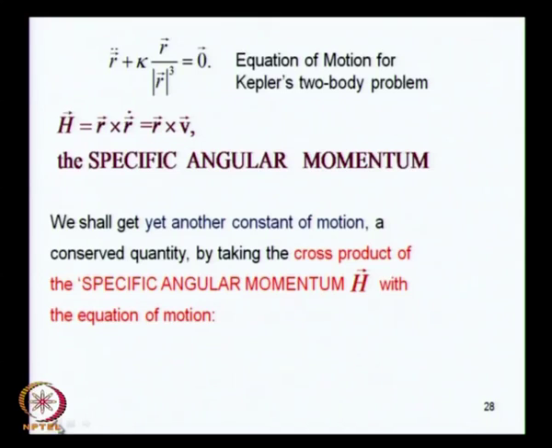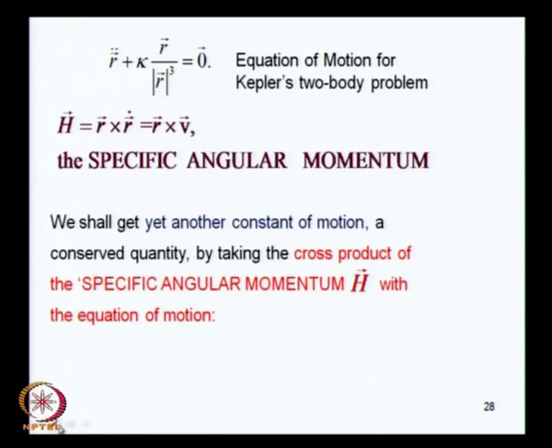We have also got used to the idea that by playing with the equation of motion we can discover new conserved quantities. So, will the cross product with h, the specific angular momentum, lead us to another conserved quantity? Maybe yes, maybe no, let us do this and find out.